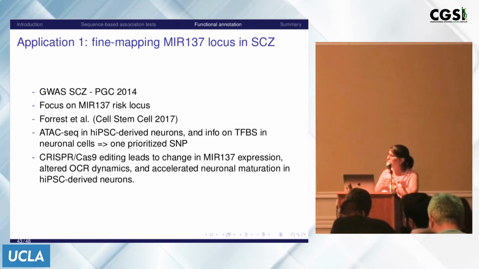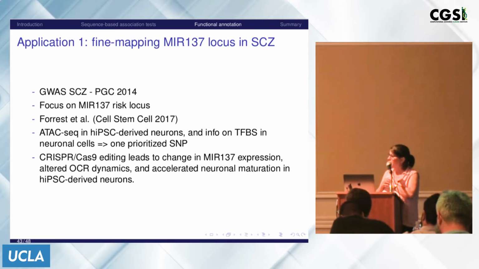So we selected a locus from the GWAS on schizophrenia from the PGC 2014 study, and we focused on a particular locus where this microRNA gene is located, because there is some functional follow-up that's been done in this paper at this locus.